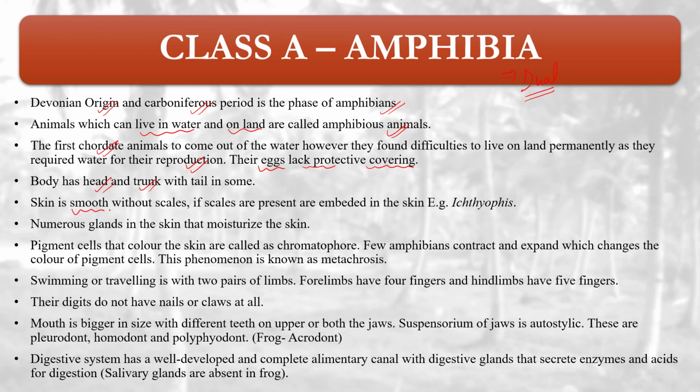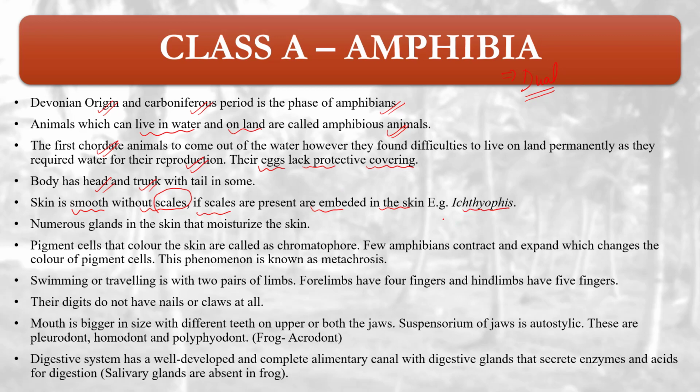Skin is smooth without scales. Scale is a protective mechanism to protect them from excessive desiccation and all. So skin is smooth without scales. Okay, scales give them a dry appearance. If scales are present embedded in the skin, example Ichthyophis.